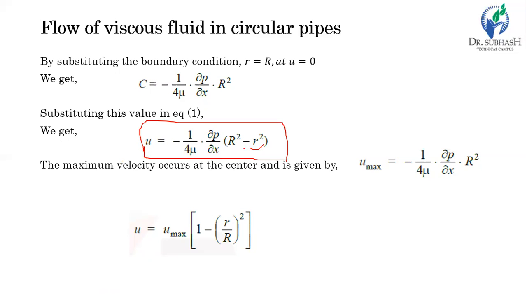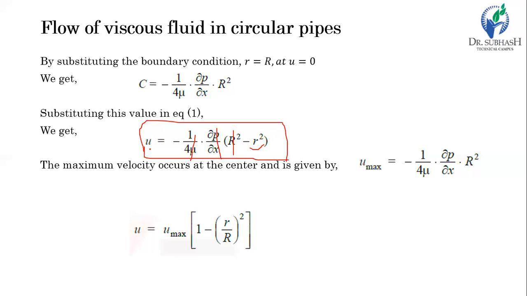Another consequence of this equation, or the practical interpretation, is this: let's consider the parameters one by one. 1 upon 4 mu is constant at a particular temperature. Del p by del x is a constant for a particular pipe, and R is the physical dimension, so it is also a constant, and minus will be a plus.